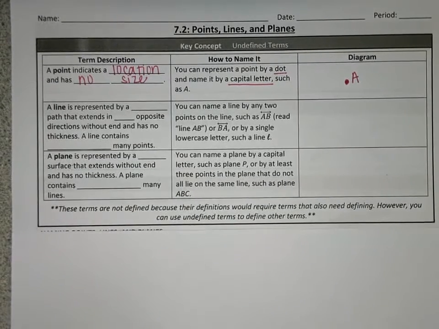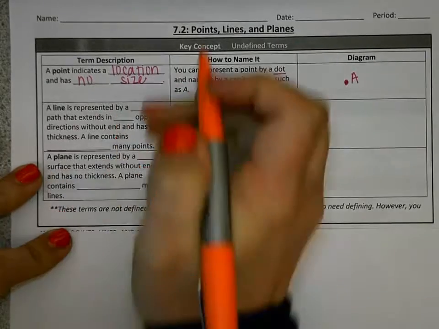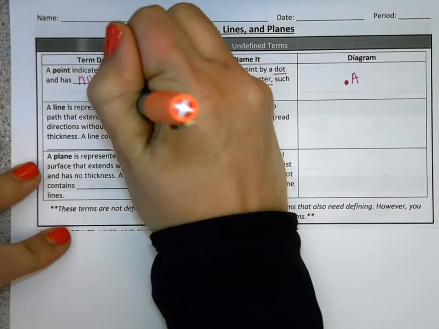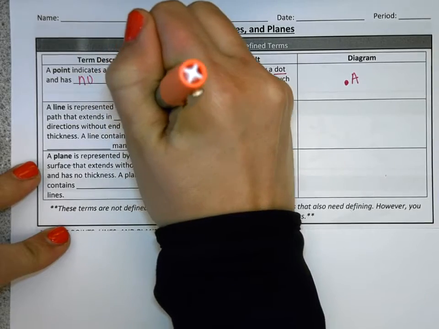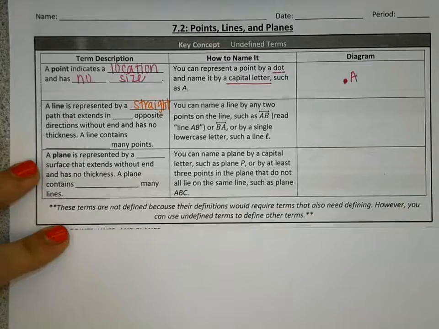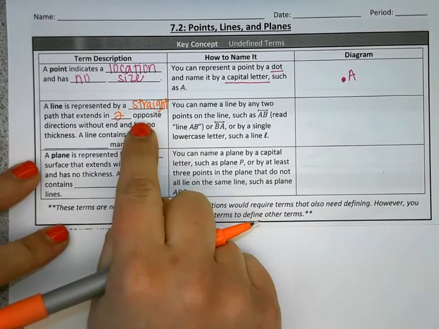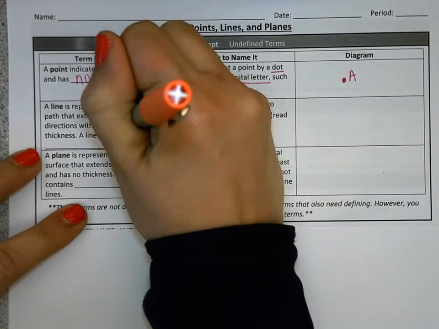Okay. We also know about lines, right? So lines are represented by a straight path that extends in two opposite directions. And I'm going to underline opposite.